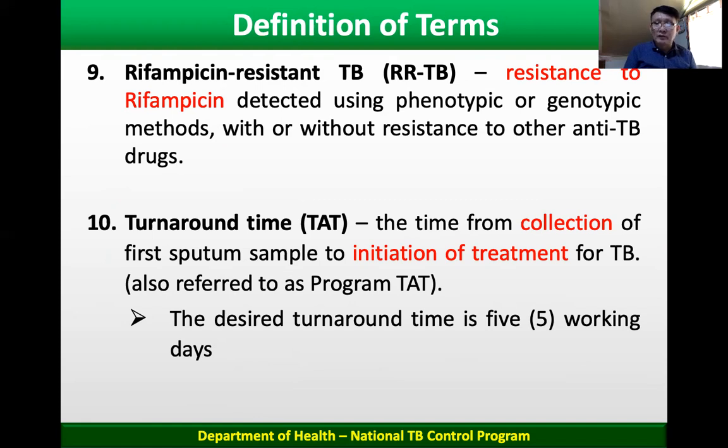This is at least 5 working days. Once again, I'd like to make it clear that as far as program TAT is concerned, it is the time from the collection of first sputum sample to initiation of treatment for TB. So that is 5 working days.